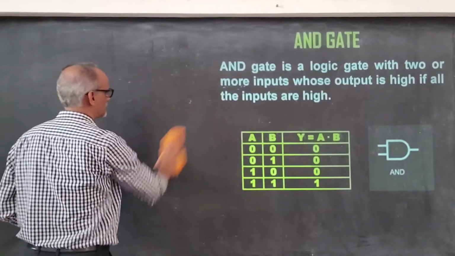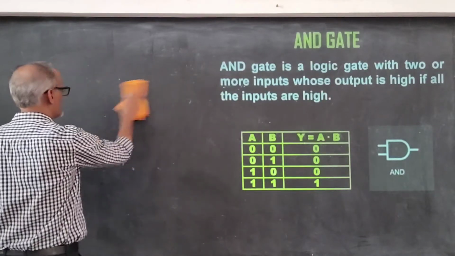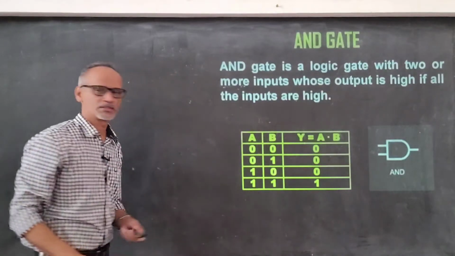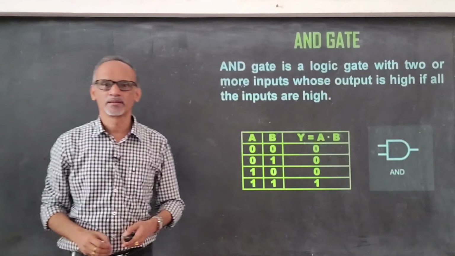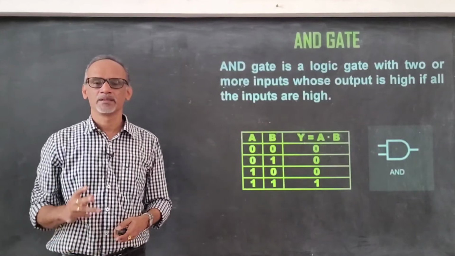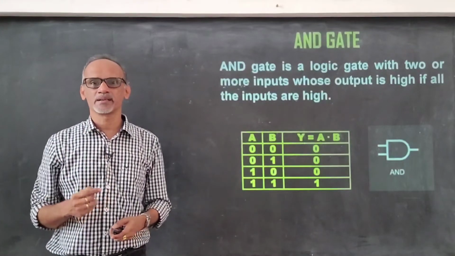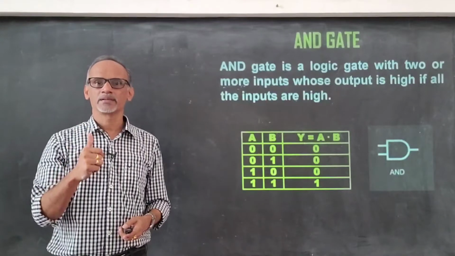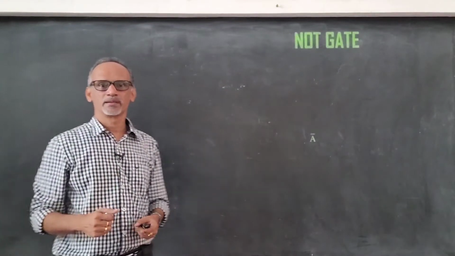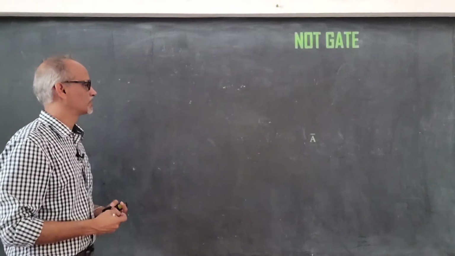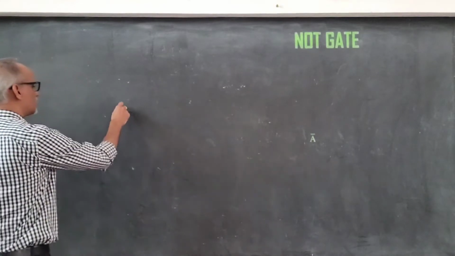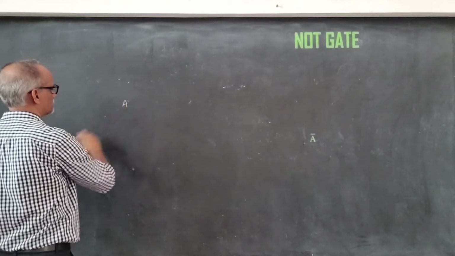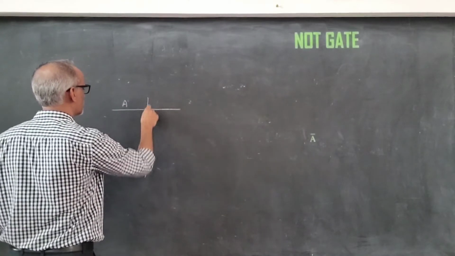So, therefore, right now we have studied 2 basic gates. One is the OR gate which performs a logical addition, and the other is the AND gate which performs logical multiplication. And the third basic gate, this is the last, there are only three basic gates: AND gate, OR gate, and the next one is the NOT gate. In the NOT gate, we have only one input. It's a single input logic gate.